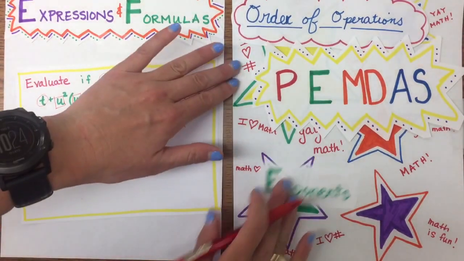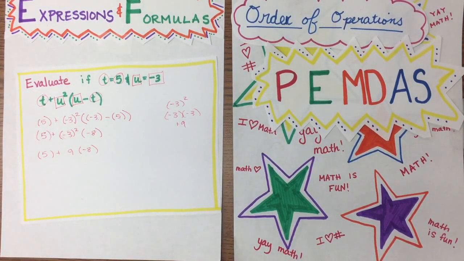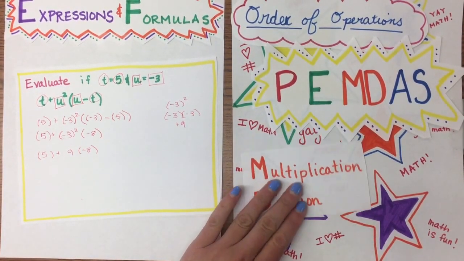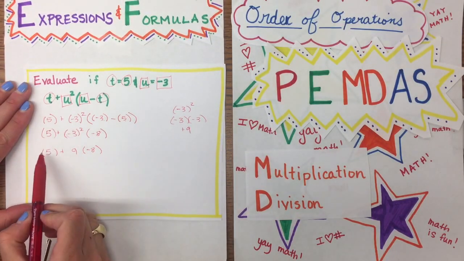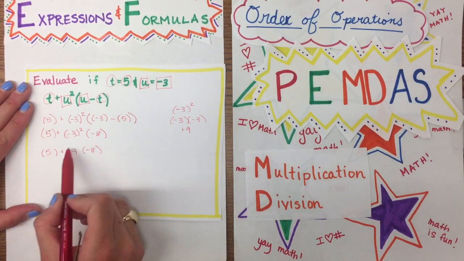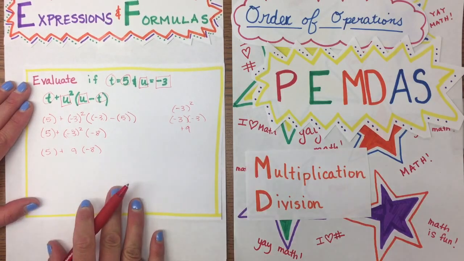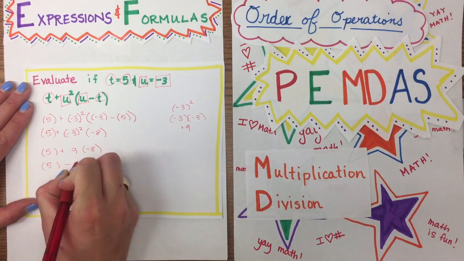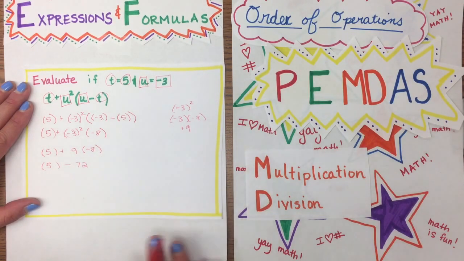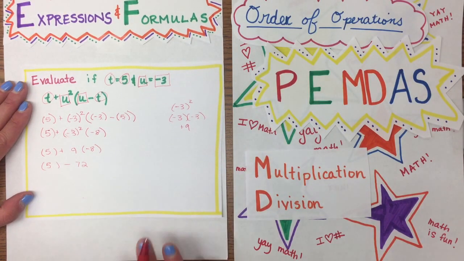There's no more exponents in my problem, so I'm going to move on to the multiplication and division, which can be performed in either order. There's no division here, but I do have multiplication between 9 and -8. 9 times -8 is -72, so I will replace 9 times -8 with -72.